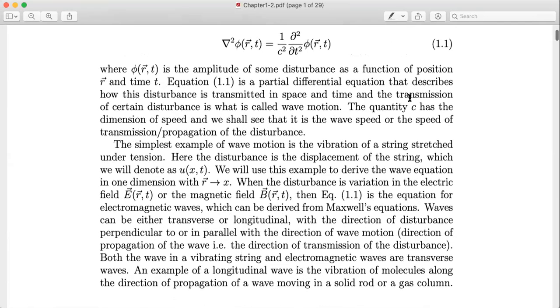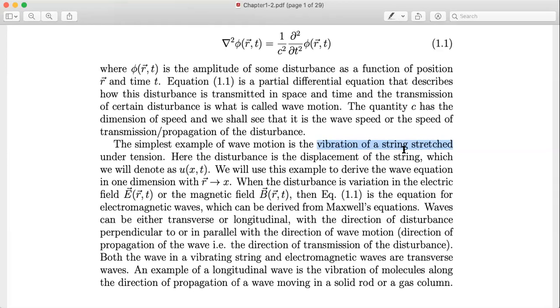We are going to derive this equation for the special case of the vibration of a string. You should have already seen this before if you have taken my physics 3051 course. But today we're going to derive it again, this time going deeper. The usual derivation is confined to small displacement, small vibration.